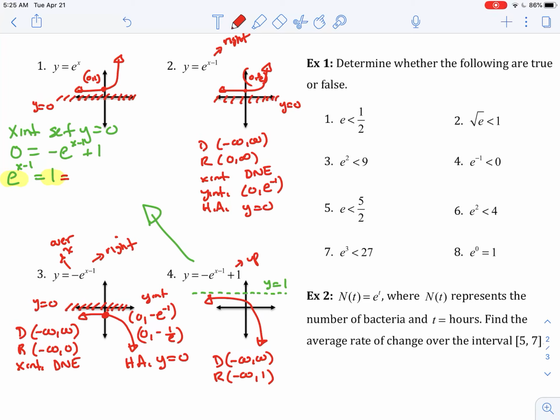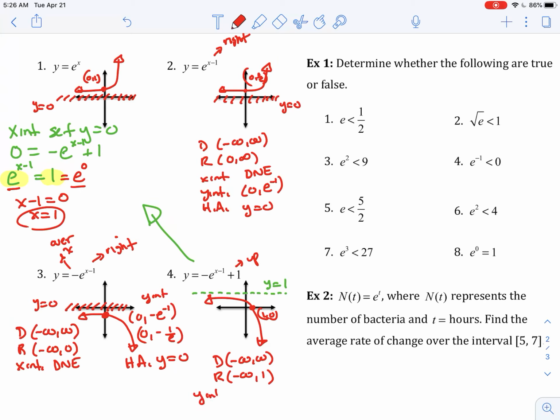And I can rewrite that with like bases because I know 1 is the same thing as e to the 0 power. And so now if my bases are the same, that means that my exponents would have to be equivalent, and I get an x-intercept at 1. So my graph is intersecting here at (1, 0).